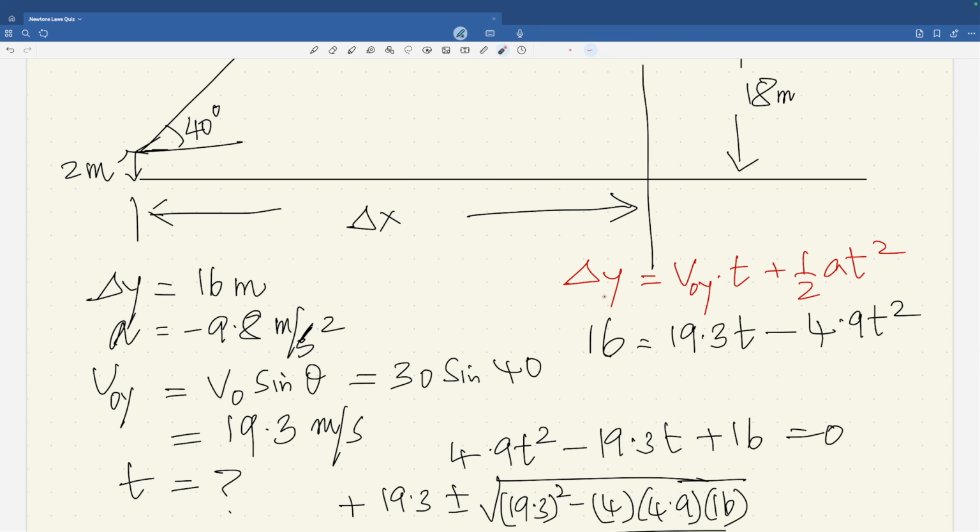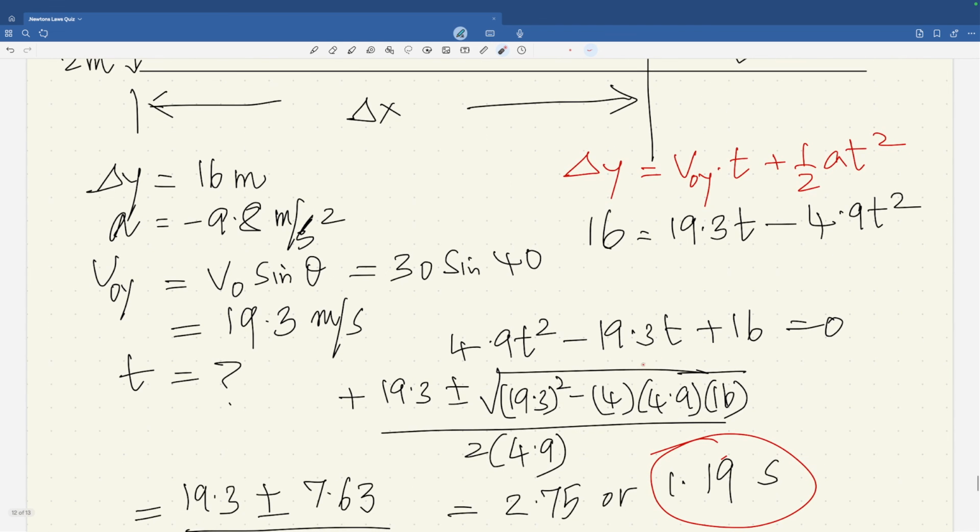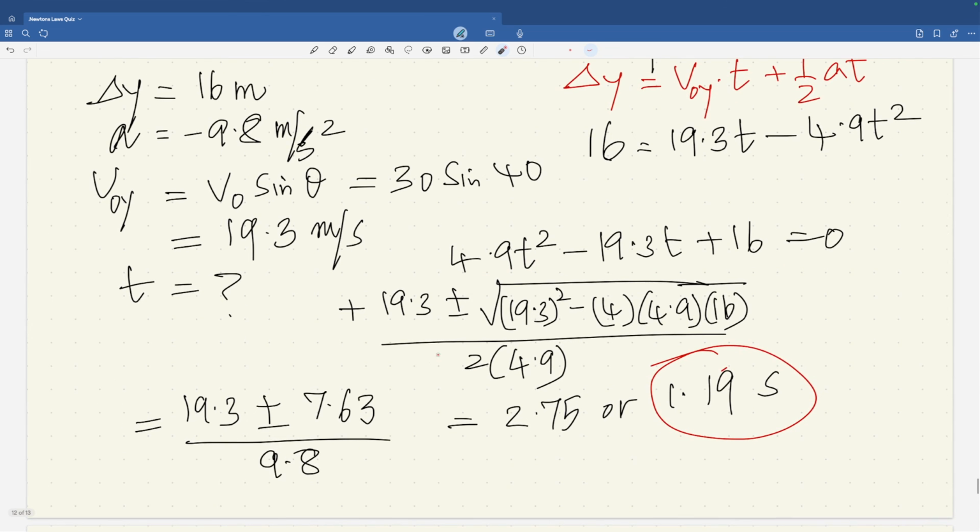And then you can find the time. This is the kinematic equation which we're going to use. So substitute carefully, and then this is 19.3 t, and 1/2 times negative 9.8 is negative 4.9, isn't it? So that's how we get that. To rearrange it, you get a quadratic equation, using the quadratic formula, minus b plus or minus square root b squared minus 4ac by 2a.